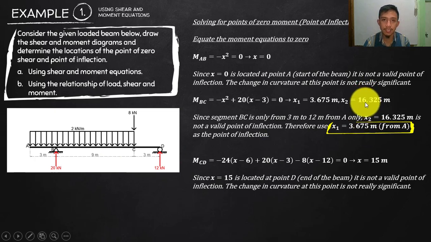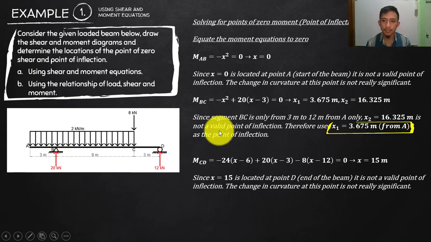The value of x, 16, is outside the beam, of course, so that is to be neglected. How about the 3.675? That is within. So we can find an inflection point or zero moment at 3.675, just after your point B, close to point B.